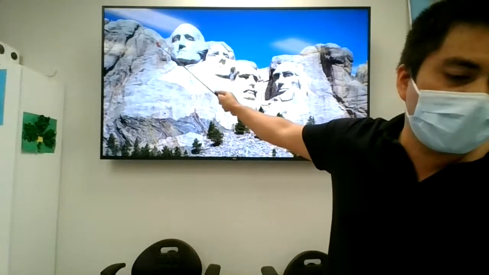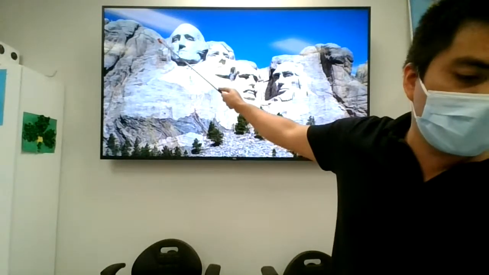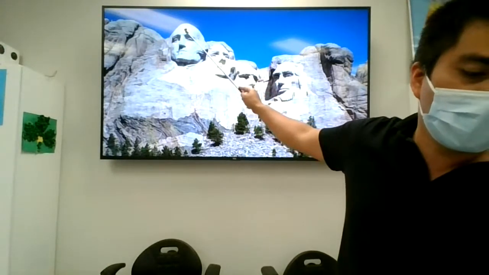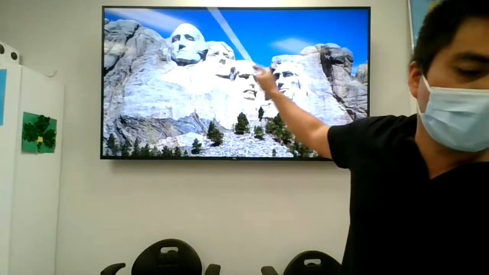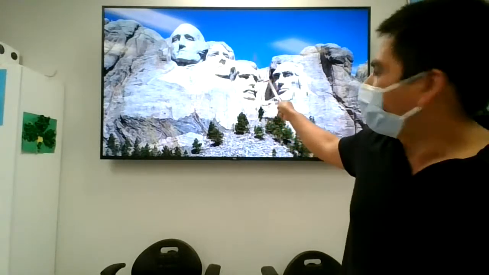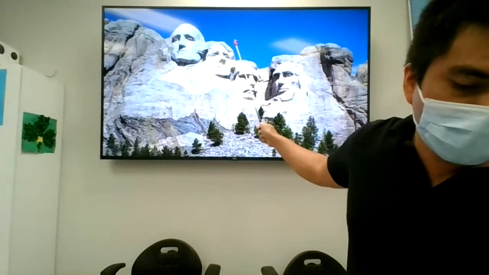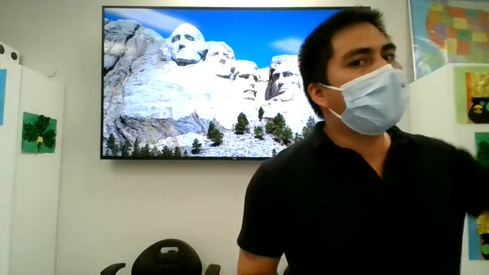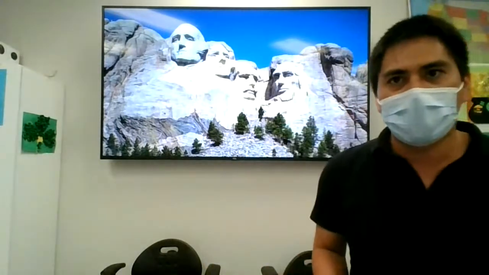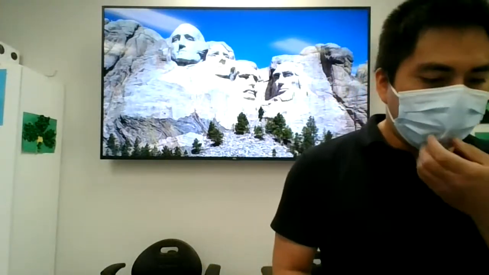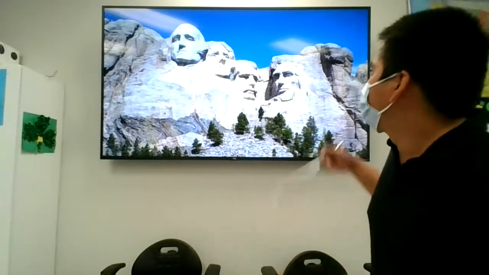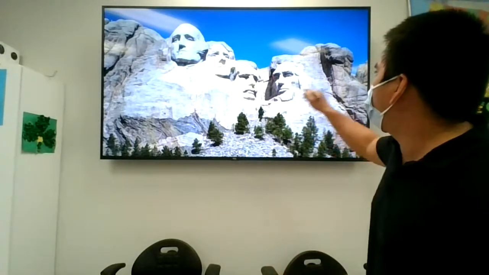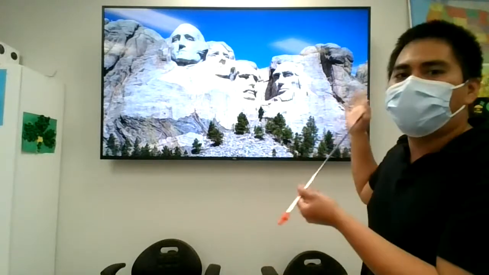George Washington, the birth of the United States. Thomas Jefferson, the growth of the United States. Theodore Roosevelt, the development. And then Abraham Lincoln, the preservation of the country. That's why these 4 were picked in particular by its designer. So if you ever go to Mount Rushmore, I did, you'll notice how big they are. But there's a funny little story.